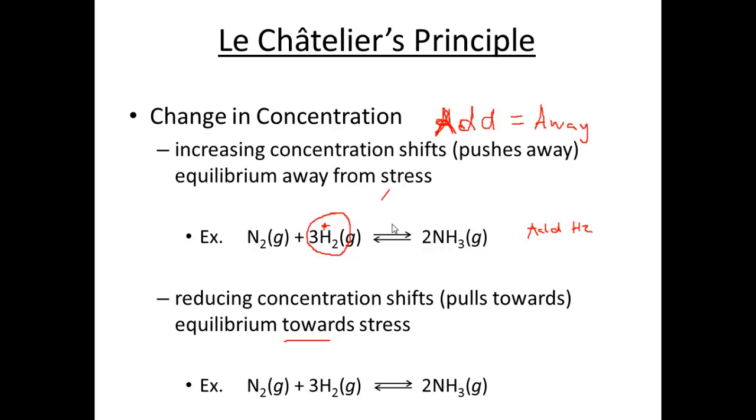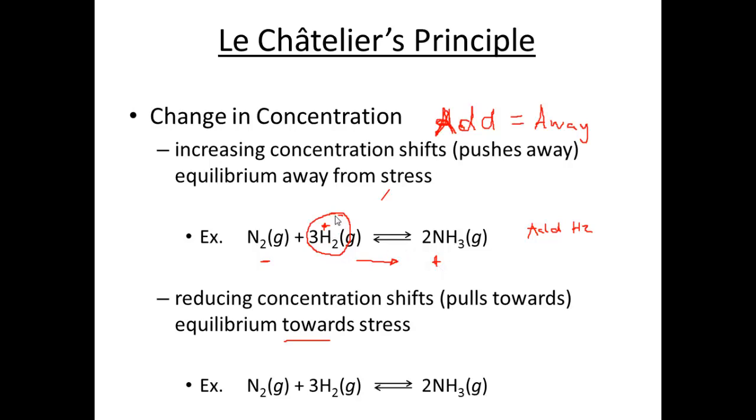Then we're adding some, so I'll put a little plus sign. Now, if we're going to shift away from that stress, we want to get away from H2. So the forward reaction is going to occur, and we're going to get less N2, and we're going to get more ammonia. So this is how you'd show Le Chatelier's principle.